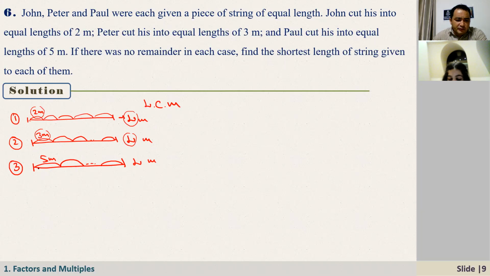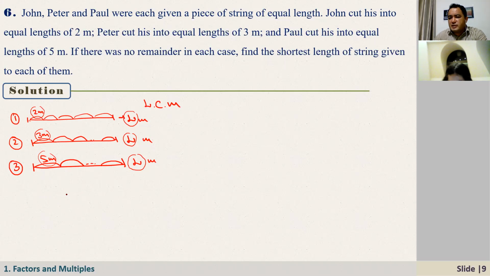And because all the strings have the same length, when we cut this into equal lengths of 5 meters, again we have no remainder. That means this L, the length of the string, must be divisible by 5. Like for example, if it is 10, I can cut into 2 equal pieces, each one is 5 meters. If it is 15, 3 equal pieces.